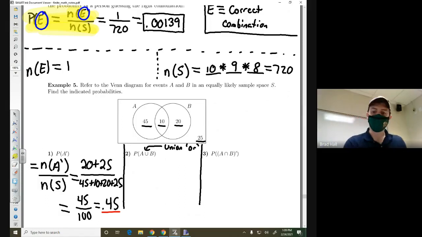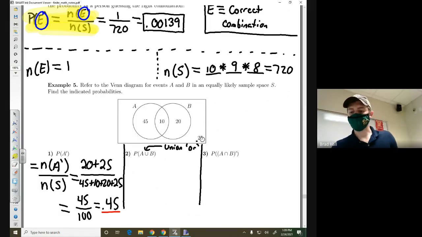Everything in A or B. So if it appears in A or B, we include it. What are the numbers that are included in A or B? Yeah, the 45, the 10, and the 20. Any number that appears in either the set A or the set B. So that's those 3 numbers.